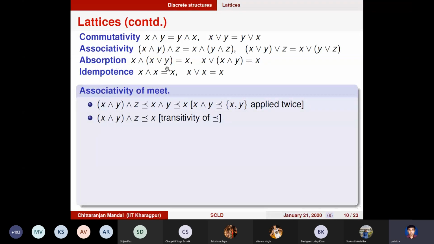And one more thing you will notice is that in all these so-called theorems that we have, if you interchange the meet and join, you get one from the other. So there is a duality by interchanging meet and join. You will get the same thing. You can observe that, so that also holds.